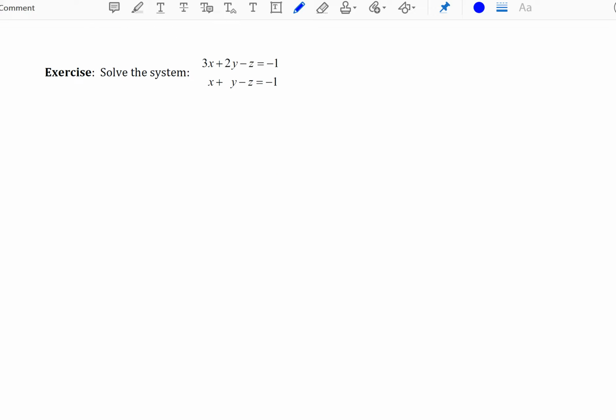So let's look at an example. With this system of equations, we must start by first rewriting the system as a matrix equation.